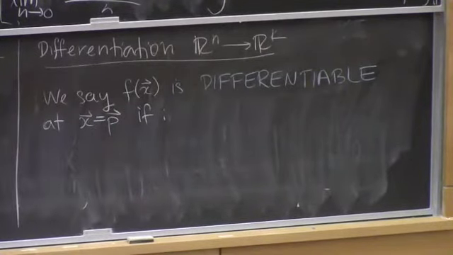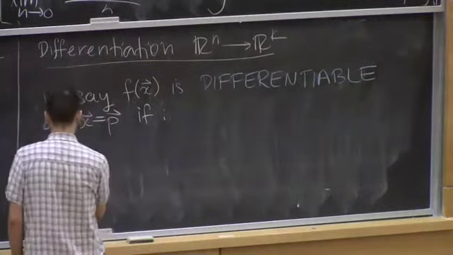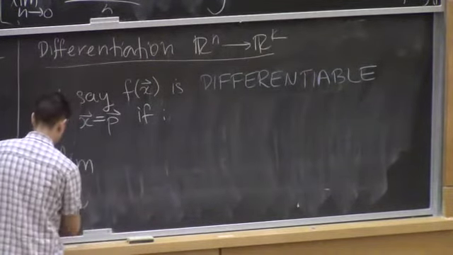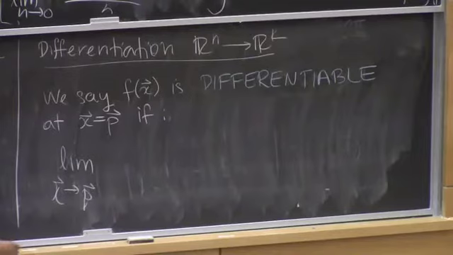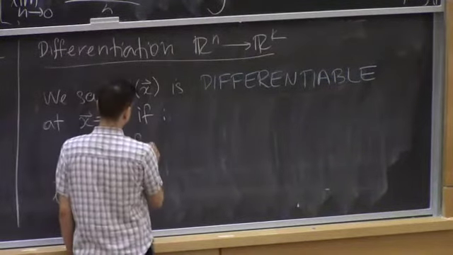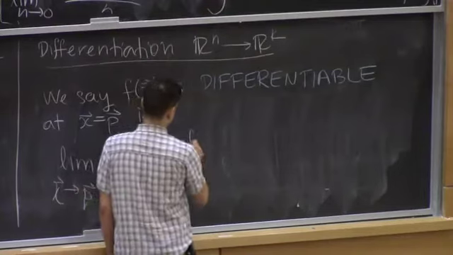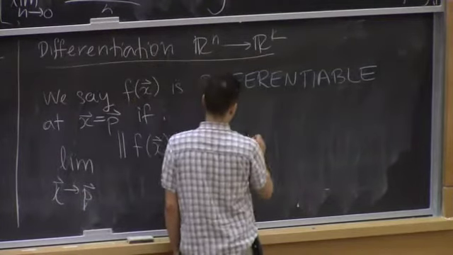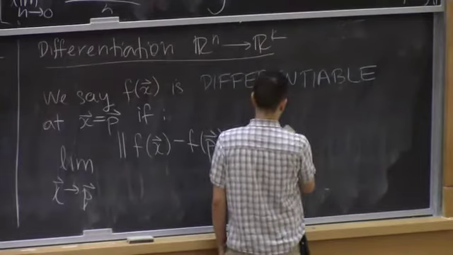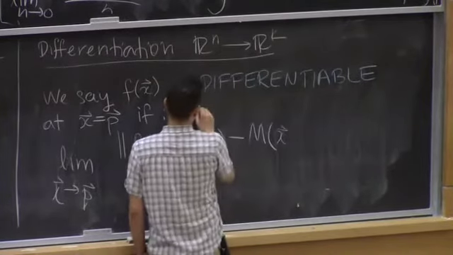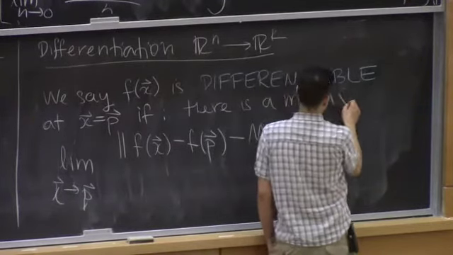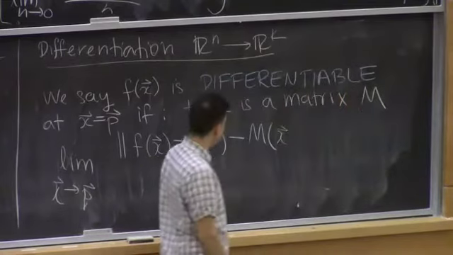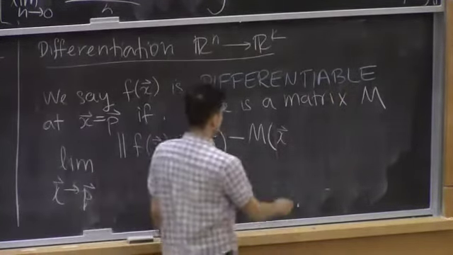Okay, so first off we need a definition of differentiable. So we say that something is differentiable if the limit as x goes to p, if there's some matrix M such that the following thing happens.